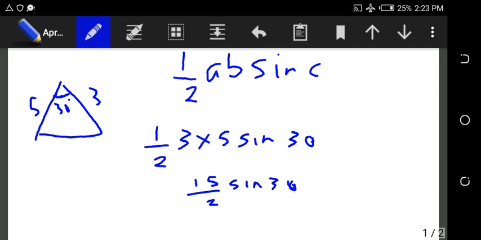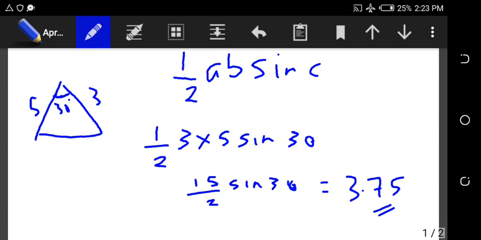Now 7.5 times 0.5, that's half of it. That will give you 3.75, so 3.75 square units is the area of a triangle like this. So this is how we solve for the area of a triangle with two given sides and an included angle.